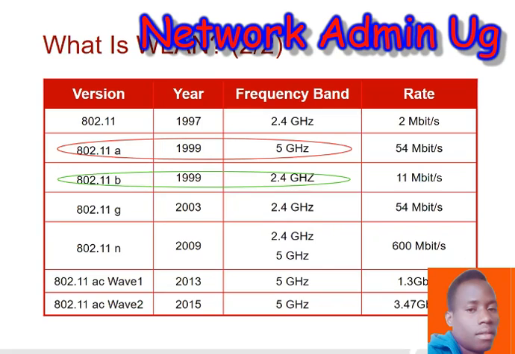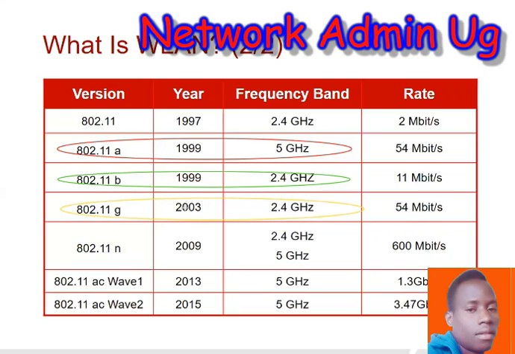So that standard was working, and then there was a need to combat some of the issues of these two standards. And some of the issues were addressed by bringing up a new standard, which was 802.11G in 2003, that ran at 2.4 gigahertz, giving 54 megabytes per second.